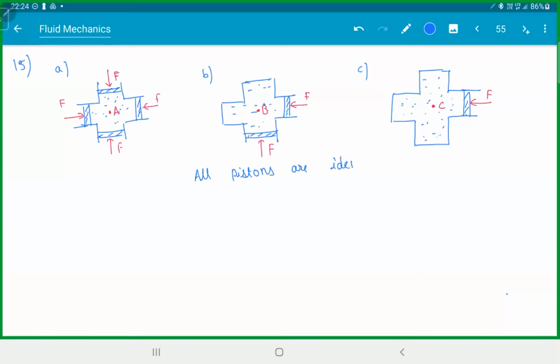Let's finish this off. Which point has more pressure? Arrange PA, PB, PC. Arrange the pressure at A, pressure at B, and PC. Which is greater?